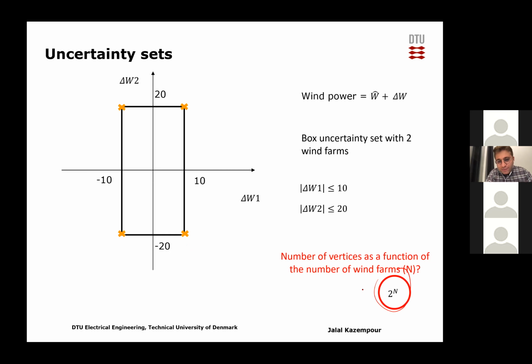If we have 2 wind farms, we have just 4 vertices. But if we have hundreds of wind farms, we have a huge number of vertices, and it's not trivial to find which vertex gives the worst case realization. This is why we need to endogenously find the worst case realization, even in a box uncertainty set.